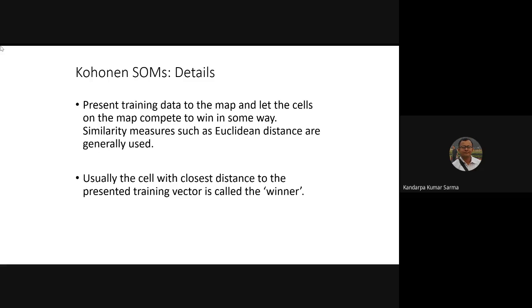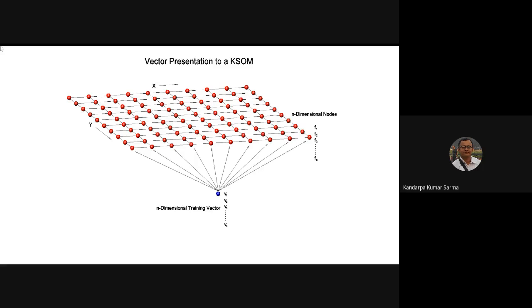When you present the training data to the map, let the cells on the map compete to win in some way. This philosophy will go on, and the winner neurons will take part in forming the neighborhood and the grid. So an n-dimensional training vector will lead to the formation of an n-dimensional neighborhood, and that will help in building the clusters.